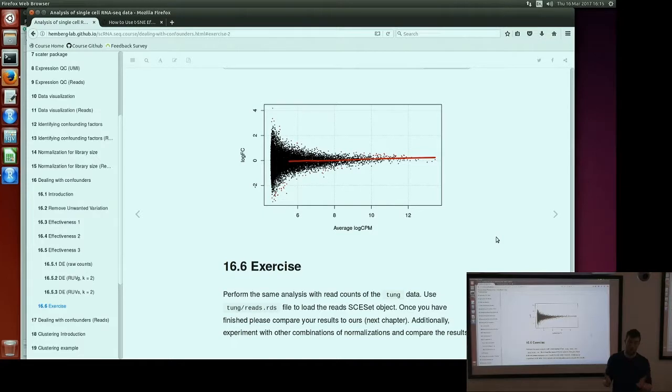Given that we know the batches in this case, could we just fit that in the GLM? It's likely to perform quite similarly in this case. The real utility of finding the hidden factors, of course, is when you don't know about the underlying source of variation. Where you know about batch effects, then explicitly incorporating them as covariates is obviously a very sensible thing to do.